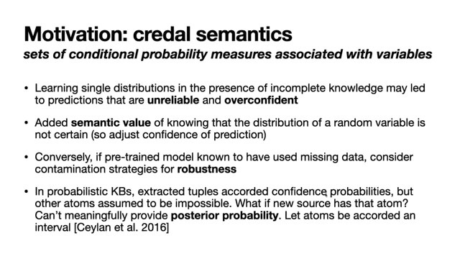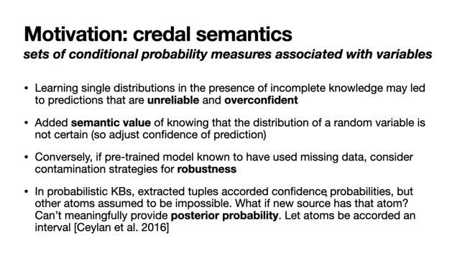Finally, there's been a very interesting use case in the context of probabilistic knowledge bases, where you might have extracted tuples from large data sets like textual data, and there you would extract certain atoms, but those atoms you don't see, you typically consider improbable. So you might accord a probability of 0 to those atoms. Now, what would happen if you had a new source, as a result of which you would have to reconsider this atom as not being improbable?